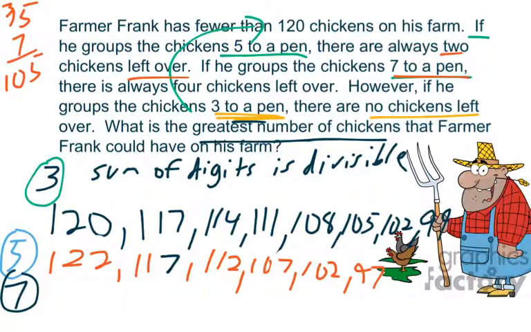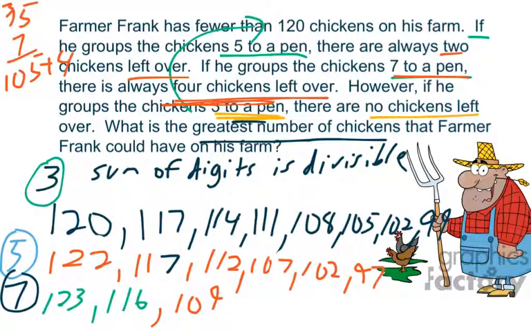And since 4 are left over, I'm just going to add 4 to that. So I know 109 is one of my numbers. And I know if I add 7 to that each time, that would be 116. And then the first number, if I add 7 to that, would be 123.